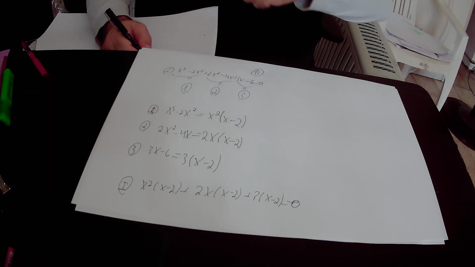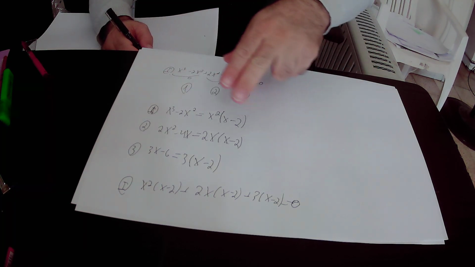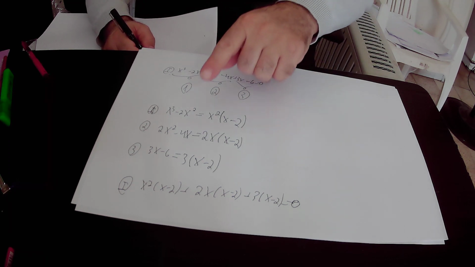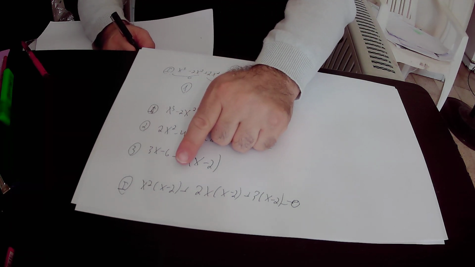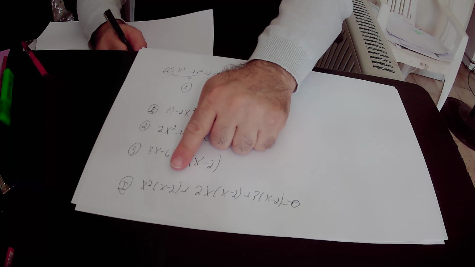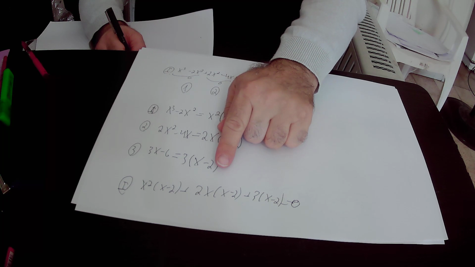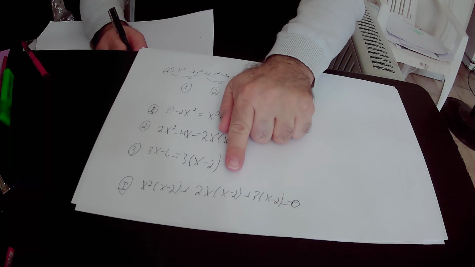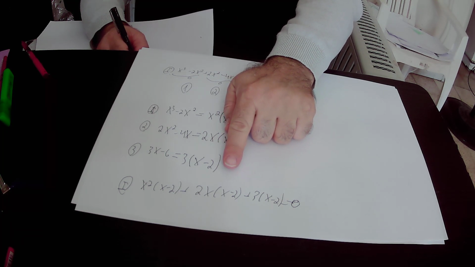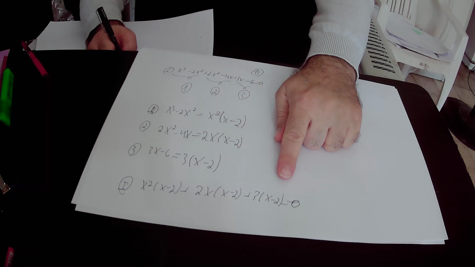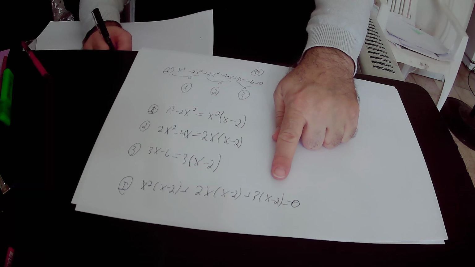Inside the brackets, what is left from the first is x squared, from the second it is 2x, and from the third it is 3.